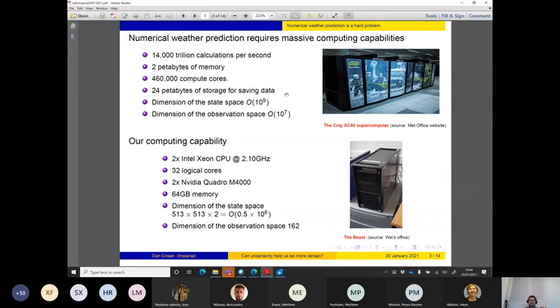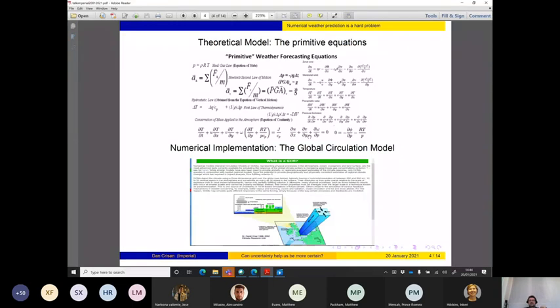And we weren't able to process 10 to the power 7 observations, but just 162 observations. But nevertheless, you can see that they scale quite favorably, compared to the massive supercomputer at the Met Office.